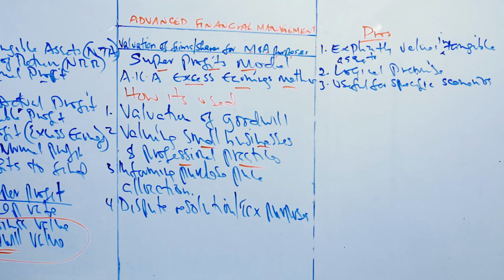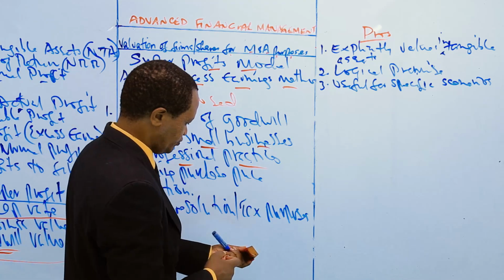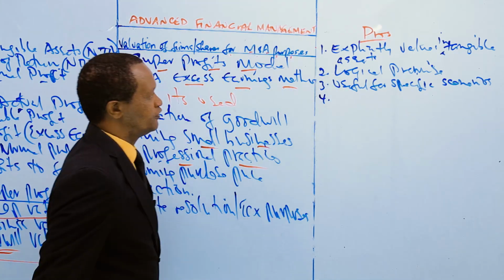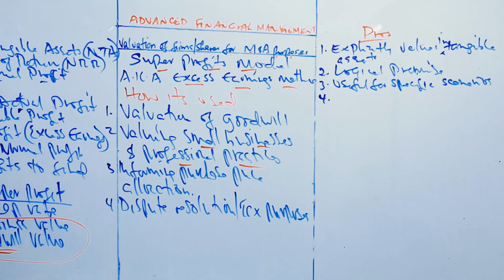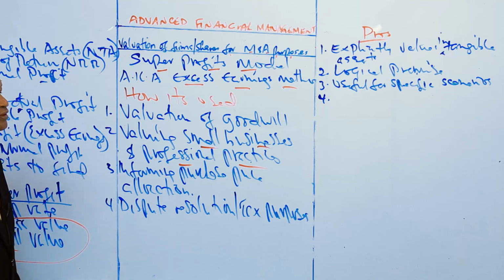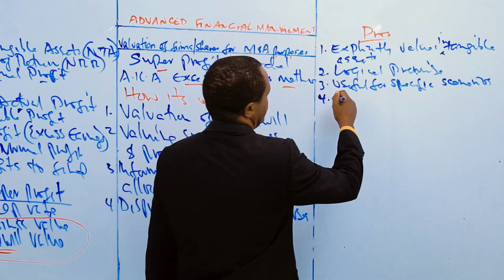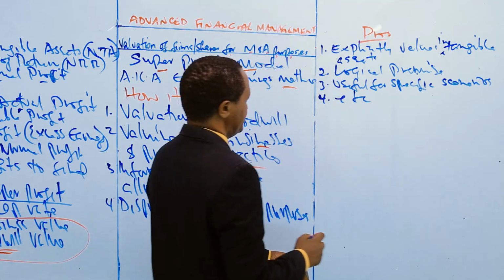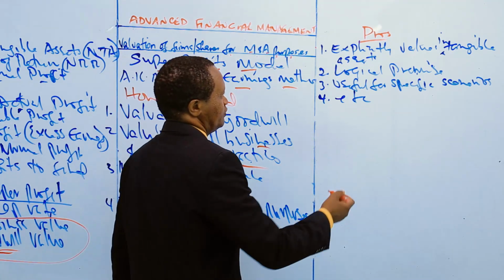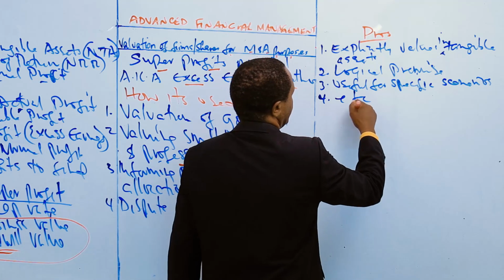It's useful for valuing small businesses, professional practices, or for specific accounting or tax purposes where intangible value is paramount and other methods might be less practical. Okay, we've identified 3 advantages. Let's move to the cons.